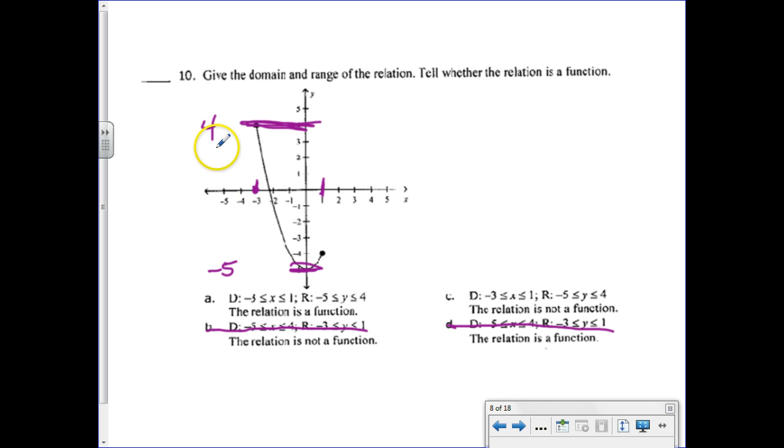So my y values lie anywhere within this range, any real number between negative 5 and 4. Aha! Now the question is, tell whether it's a function. If you run the vertical line test and double check, drawing verticals through here, this does pass. It is a function. Choose A.